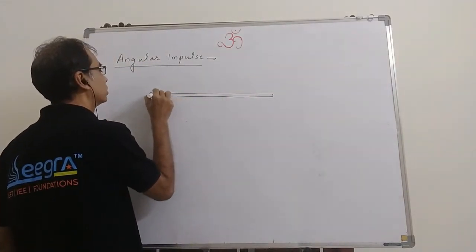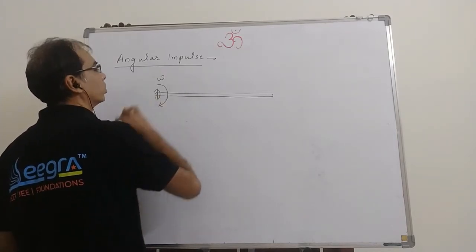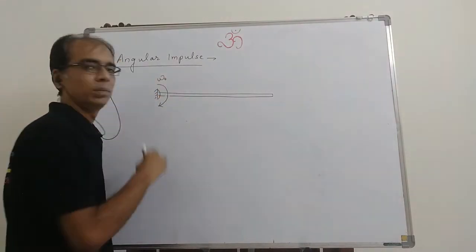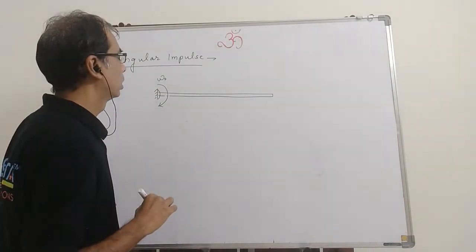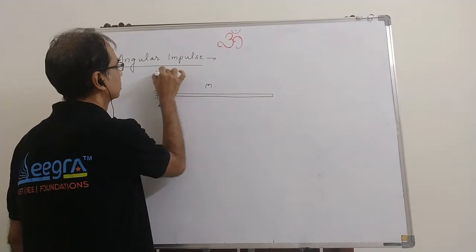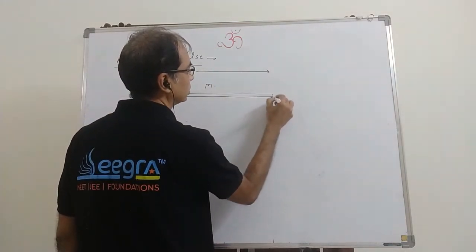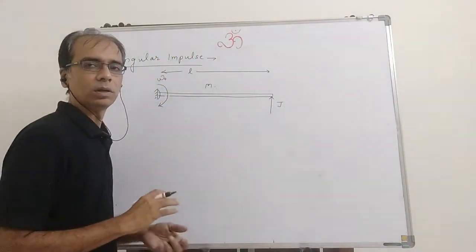Let's assume this rod is already moving with omega naught about its end, and its mass is m and length is l. You give an impulse in this direction, that is J, and we want to find the final angular velocity.